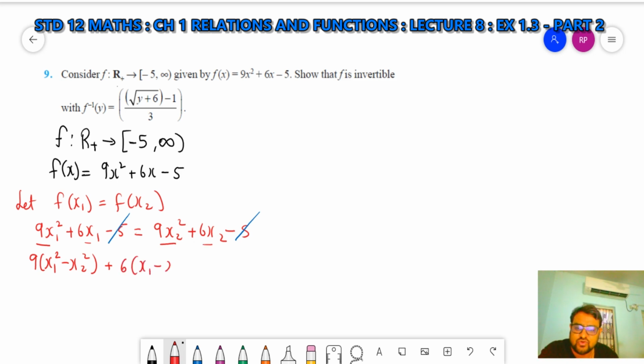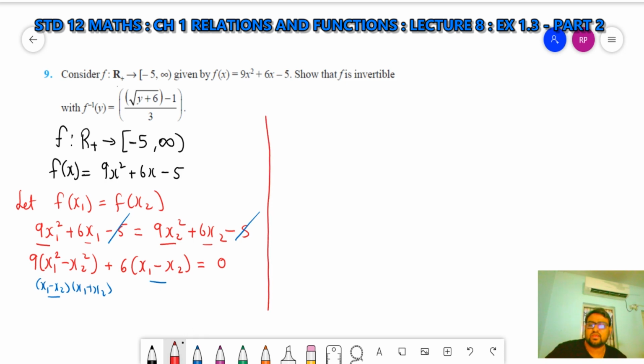I am taking on one side, so it's 9 into x1 square minus x2 square plus 6 into x1 minus x2. This is equal to 0. Now see, x1 square minus x2 square, I can write down this as x1 minus x2, x1 plus x2. So I can take x1 minus x2 common. So here it will be x1 minus x2 common, and here it will be 9 into x1 plus x2 plus 6. This is equal to 0.